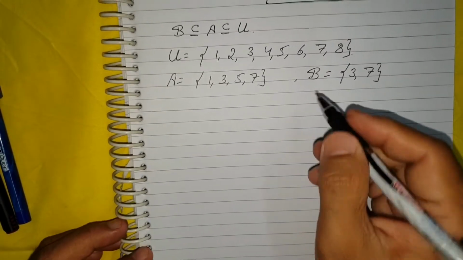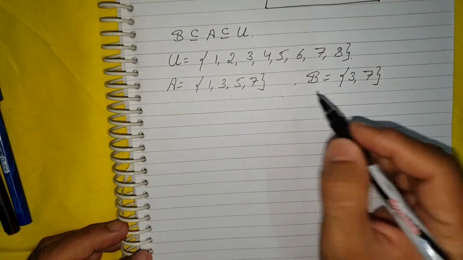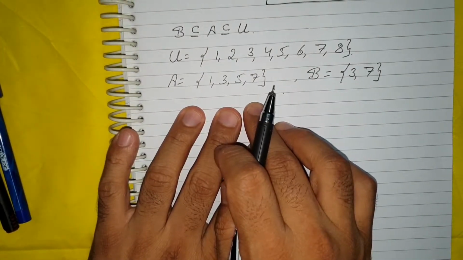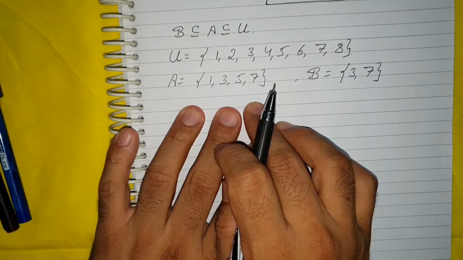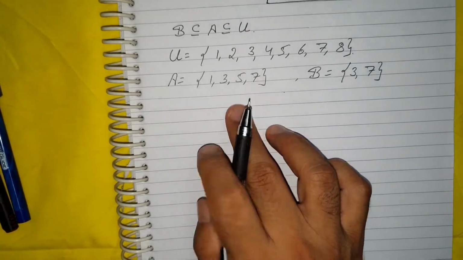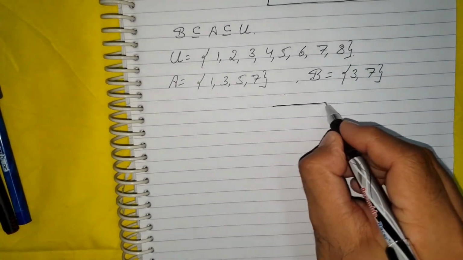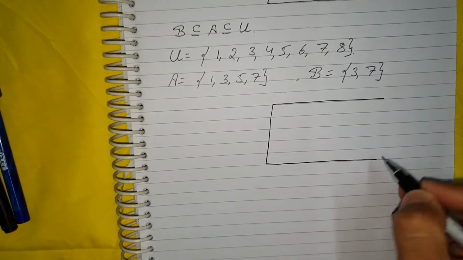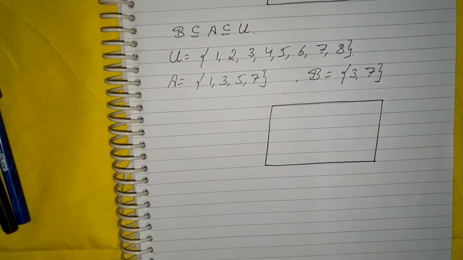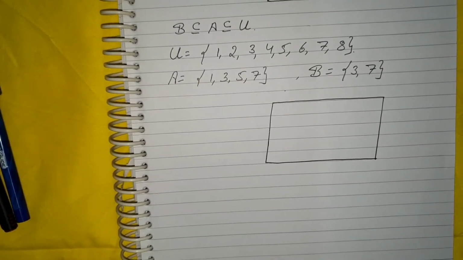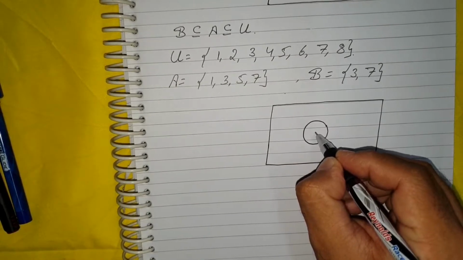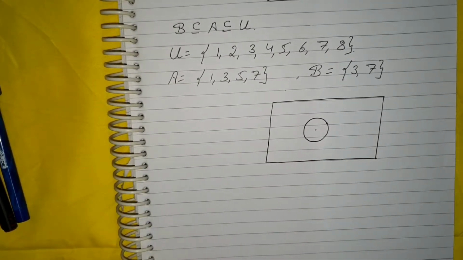So basically in this case, since all elements of B are in A, we draw two concentric circles. The smaller circle represents B, concentric meaning circles having the same center.